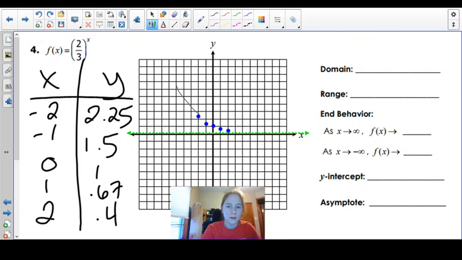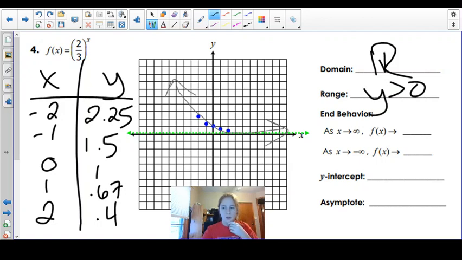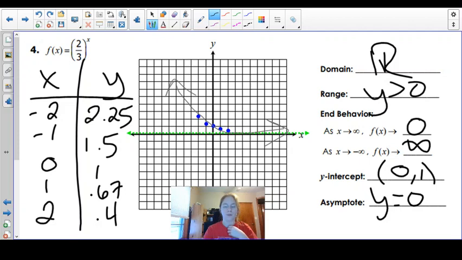And we should be decreasing. My range is all real numbers again. We're still greater than 0. As we're approaching towards positive infinity, we're hitting 0. And as we go on and on forever in the other direction, we should hit infinity. My intercept is 0, 1, and my asymptote line is y is equal to 0.